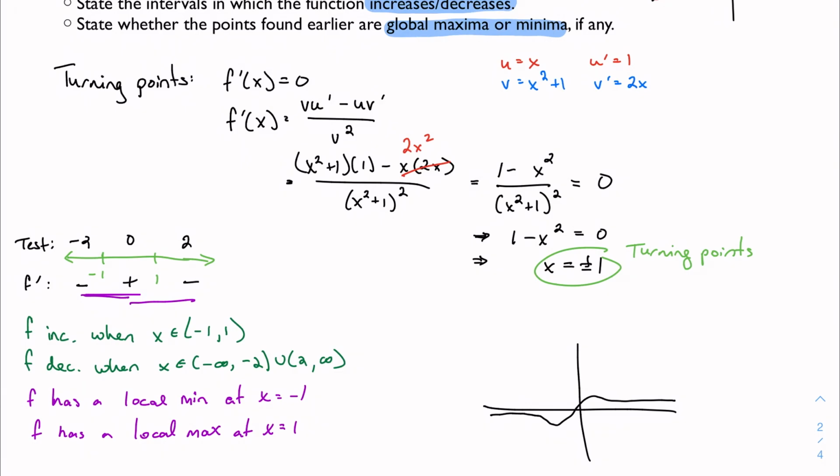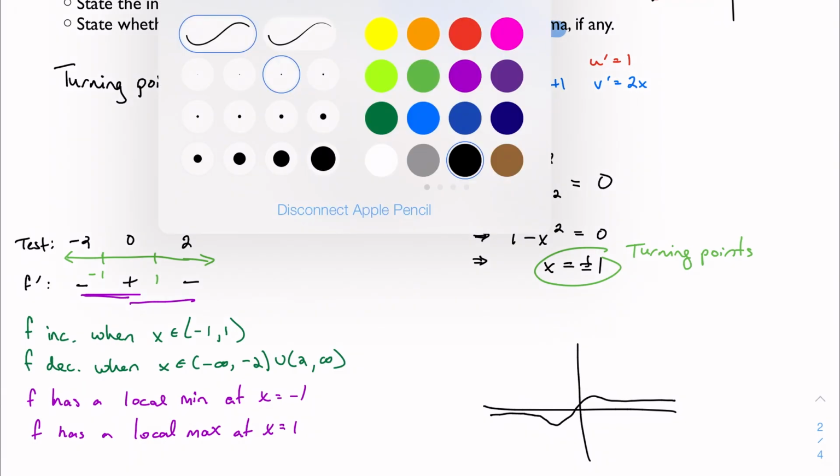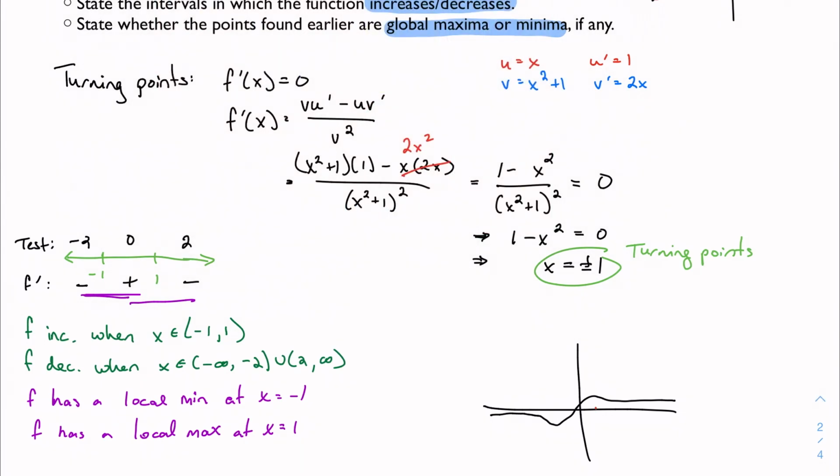But what's important here is that you can see my local min and max. And you can also see that this graph doesn't go any higher than the local min or max, right? You don't see the graph trailing off this way or that way. The asymptotes are contained within where the min and max are.